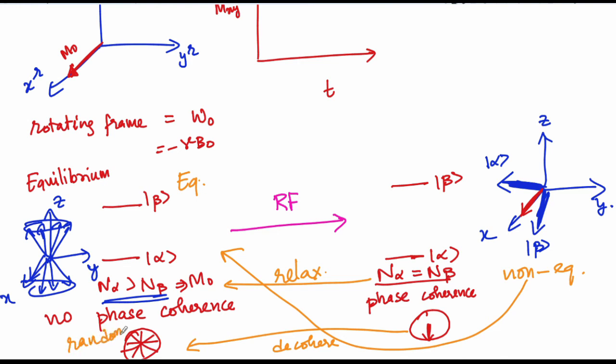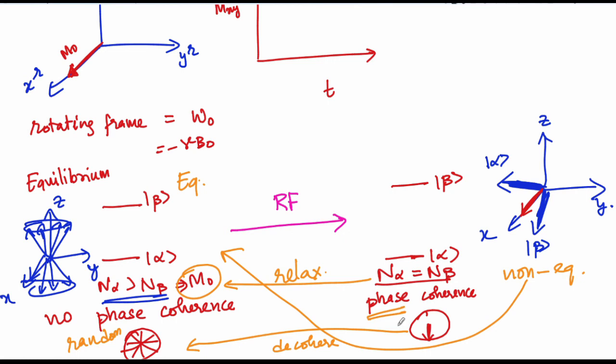As you are able to understand, the return of a non-equilibrium state to the equilibrium state for the longitudinal magnetization, which is along the z-axis, is due to population difference, and the mechanism of the loss of transverse magnetization is due to loss of phase coherence.